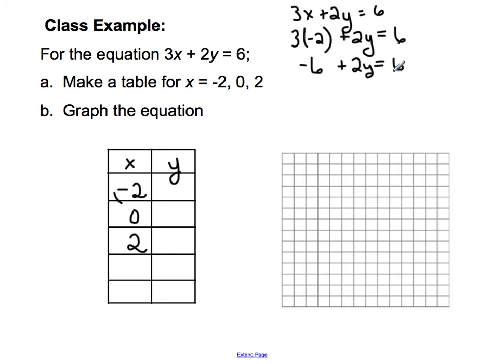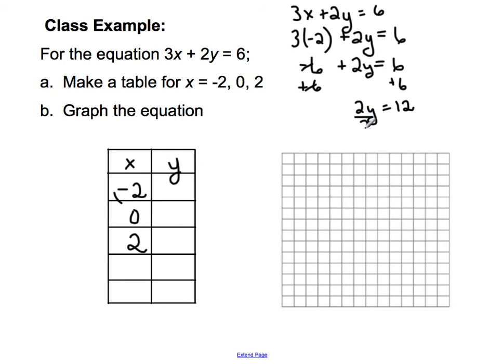Now I have to solve this equation. We have done these in grade 7, and you should have done them in grade 8. So the very first thing you do is zero out. So if you have a negative 6, we zero it out by a positive 6. Okay, that zeroes out, and I get 2y is equal to 12. Now this means 2 times some number is 12.